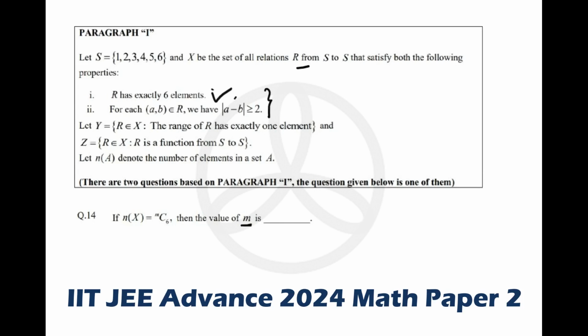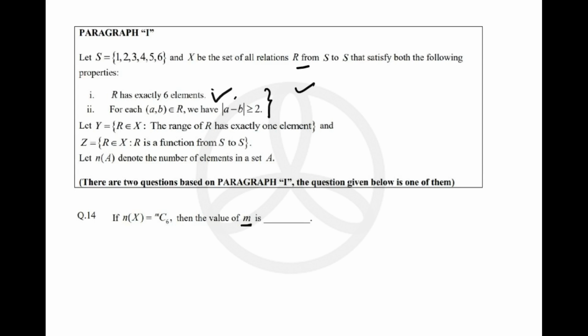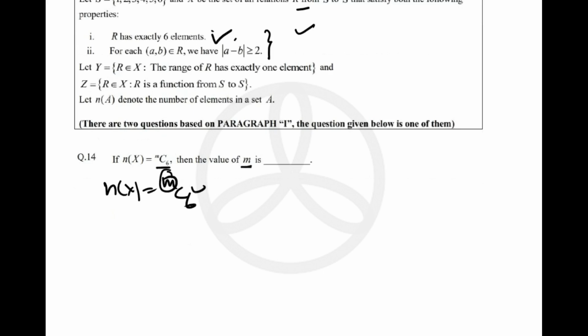Okay. So, what are the possibilities that are going to exist for this? We have to find this much only in this case because n(x) is given as mC6 and we have to find the value of m, which is finding the total number of possibilities. So, in this case, let us form 1, 2, 3, 4, 5 and 6.